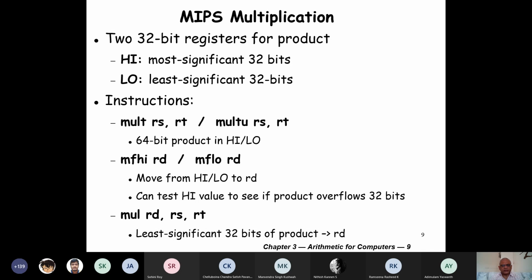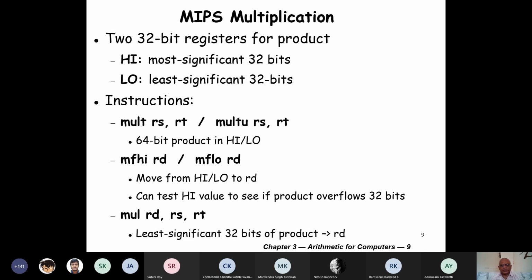We have this instruction which takes two operands, RS and RT, both 32-bit. Mult is signed multiplication and mult unsigned also is there. The result will be placed in high and low registers. The high will have the upper 32 bits and low will have the lower 32 bits.